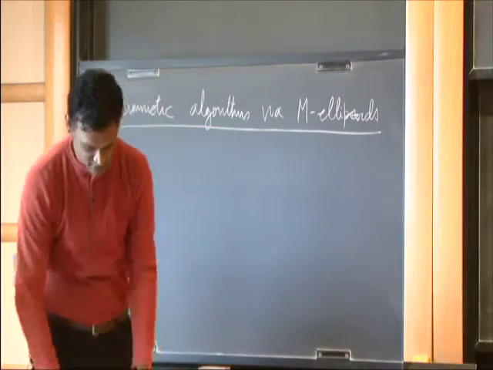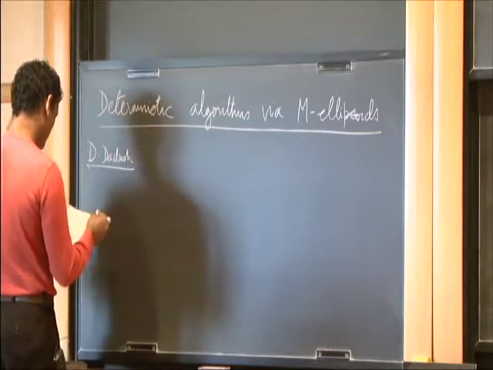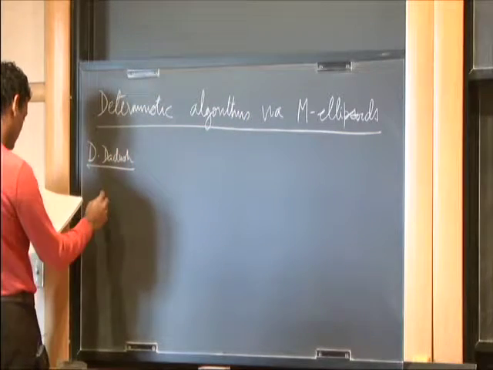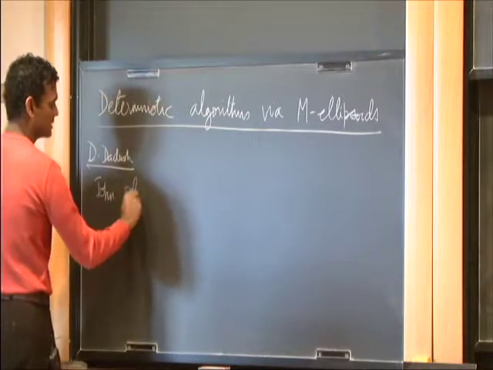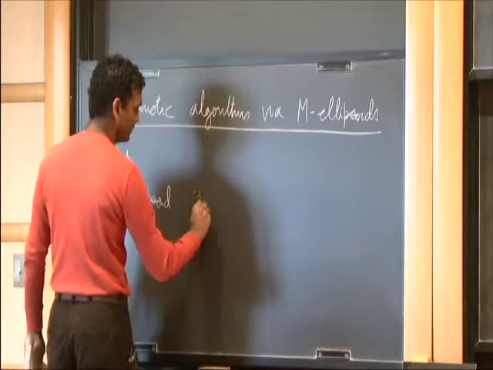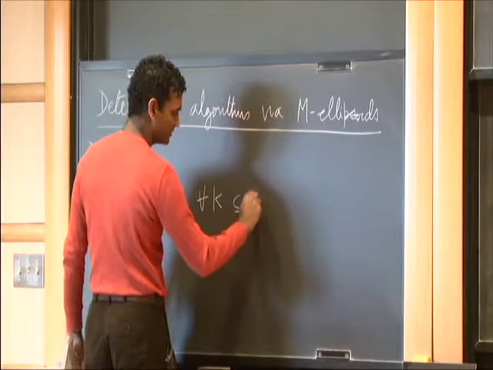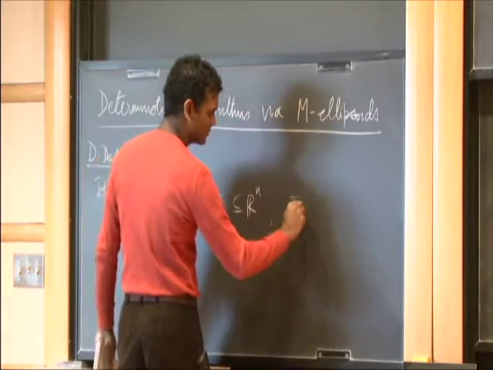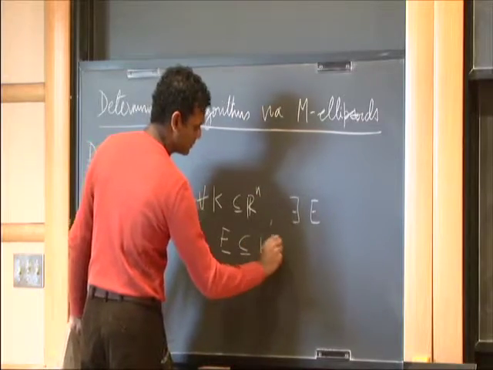The classical John theorem already gives us some approximation, and I'll put it up just to introduce a bit of notation or to remind you. The John ellipsoid gives us that for every convex body K in n-dimensional space, there is an ellipsoid which sandwiches it to within a factor of n.